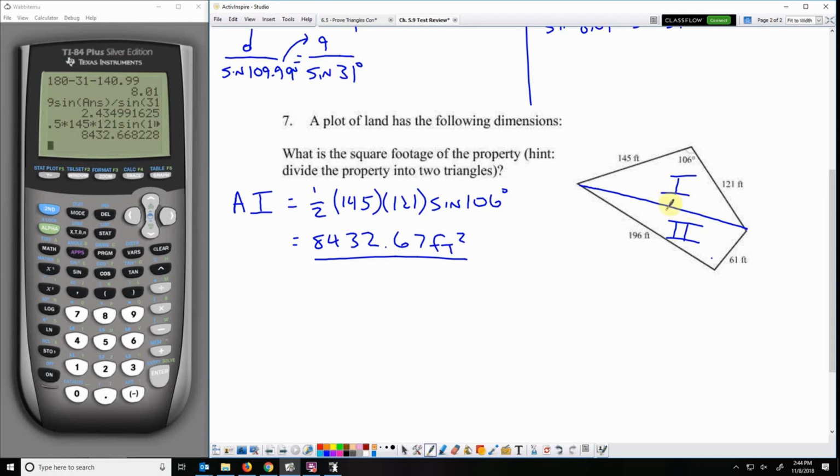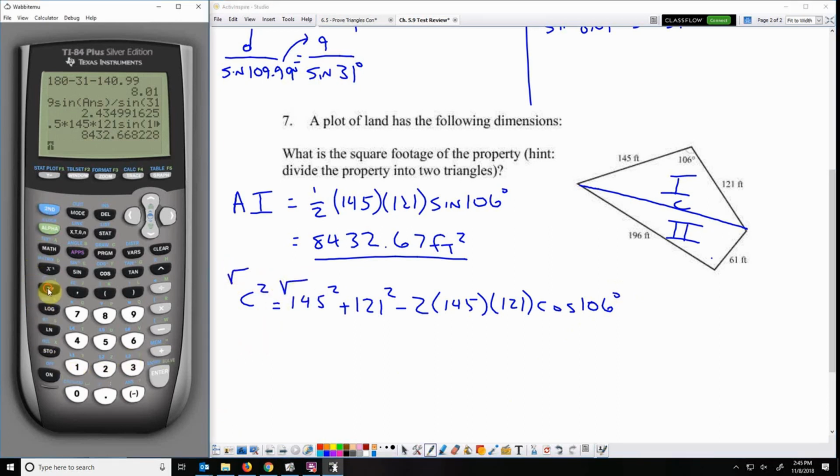Okay, so we'll call this C. I can do C squared equals 145 squared plus 121 squared minus 2 times 145 times 121 times cosine 106. To get C by itself, I just need to take the square root.